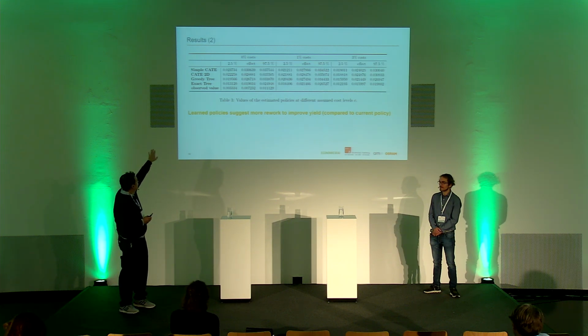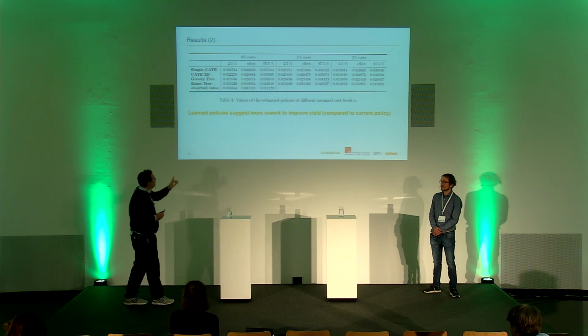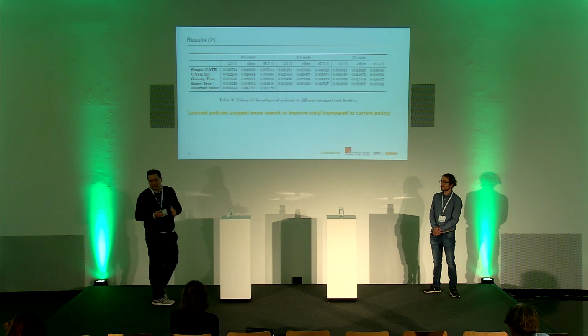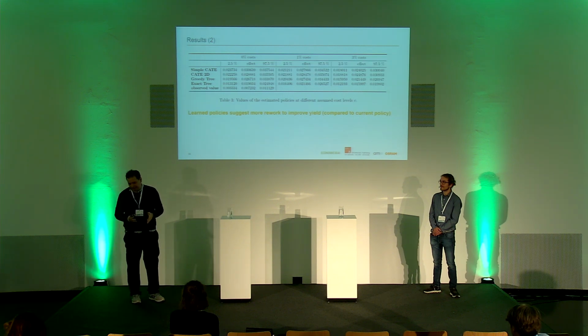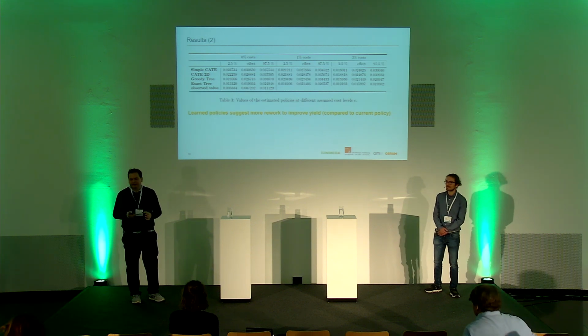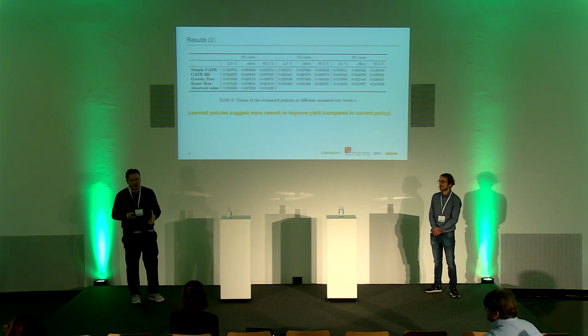Here we compare this to the actual policy, and because time is running out, only the final result: on average the yield increases by 1 to 3 percentage points, which sounds like not much, but it's really a huge amount if you think about how expensive chips in the semiconductor industry are, how expensive the lots are. So this is really an enormous saving.